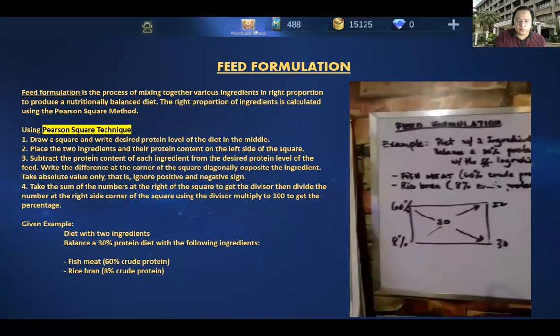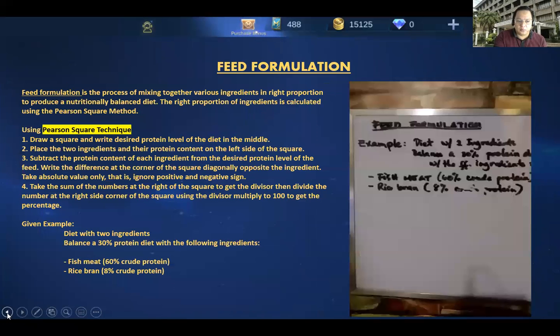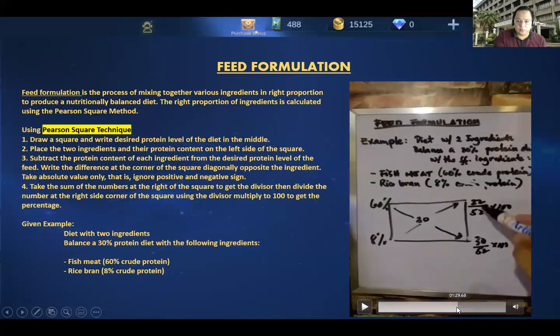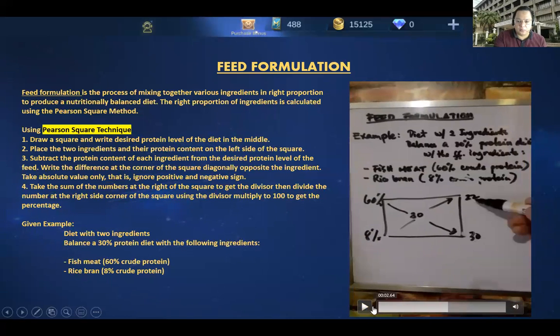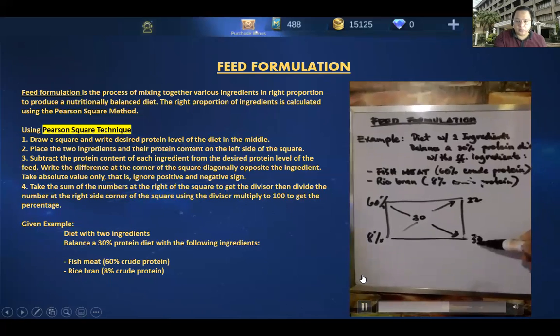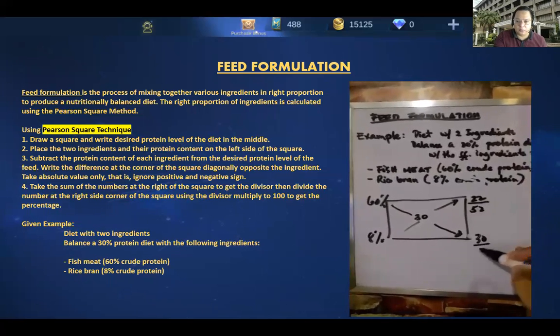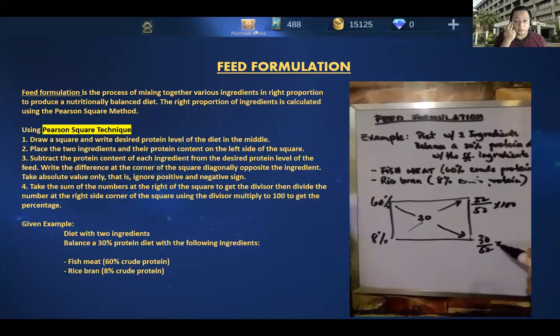Okay, to get the divisor, 22 plus 30 is equal to 52. So we have our divisor. And then multiply by 100 to get the percentage.